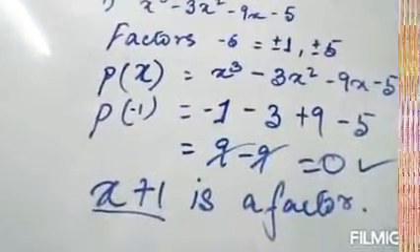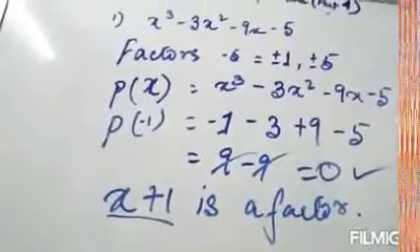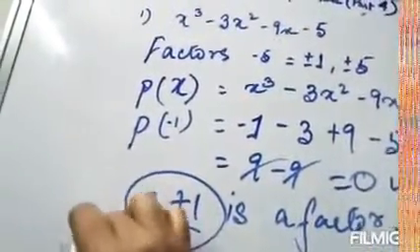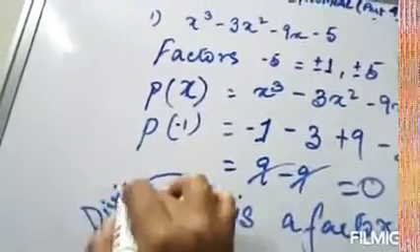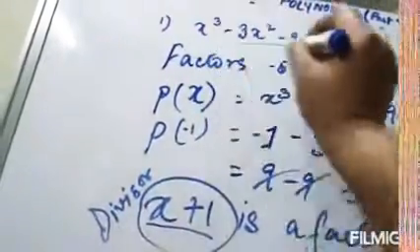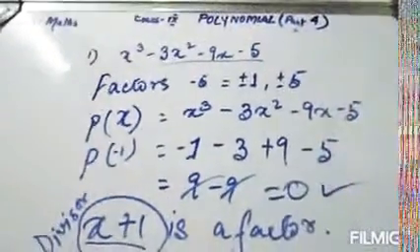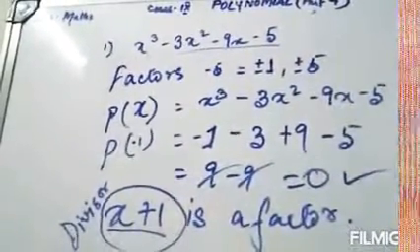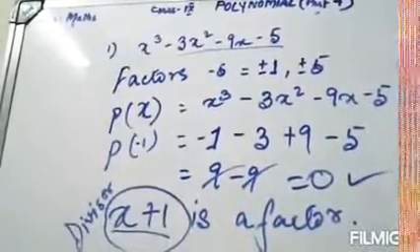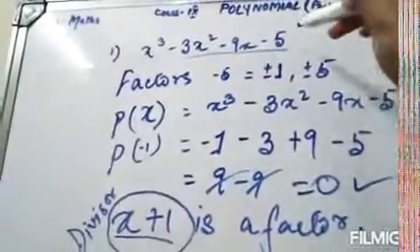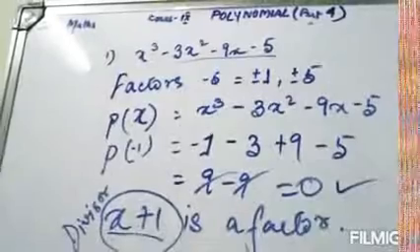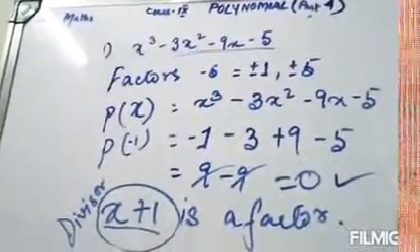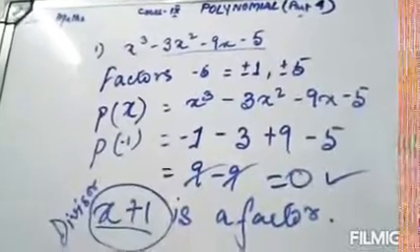This factor will become the divisor and the polynomial will become the dividend, and whatever quotient comes, that will give the other factors. If you are asked to find only one factor, then your work is to find the constant term and find individually the values of the factors of the constant term.